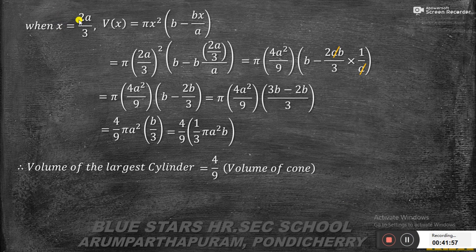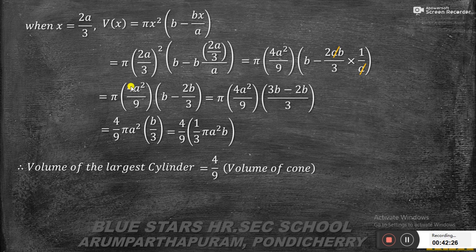So x equals 2a by 3, I substitute in the volume function, V of x equals pi x square into b minus bx by a. So pi into (2a by 3) whole square, into b minus b into 2a by 3 by a. Taking the square, 2 square is 4, so 4a square by 9, into b minus 2ab by 3 into 1 by a.